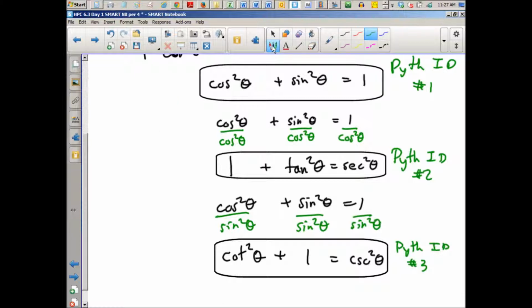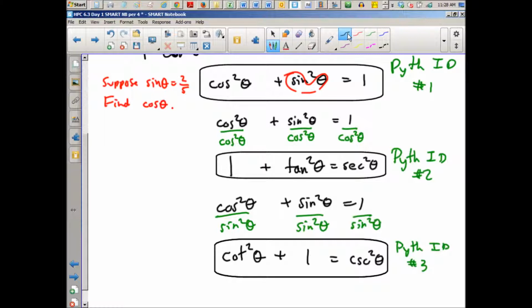Let's say I told you, suppose sine theta was 2/5, and I asked you to find cosine theta. You can use this first rule up here almost like a formula. You can just plug 2/5 in for sine theta right here. So watch this.